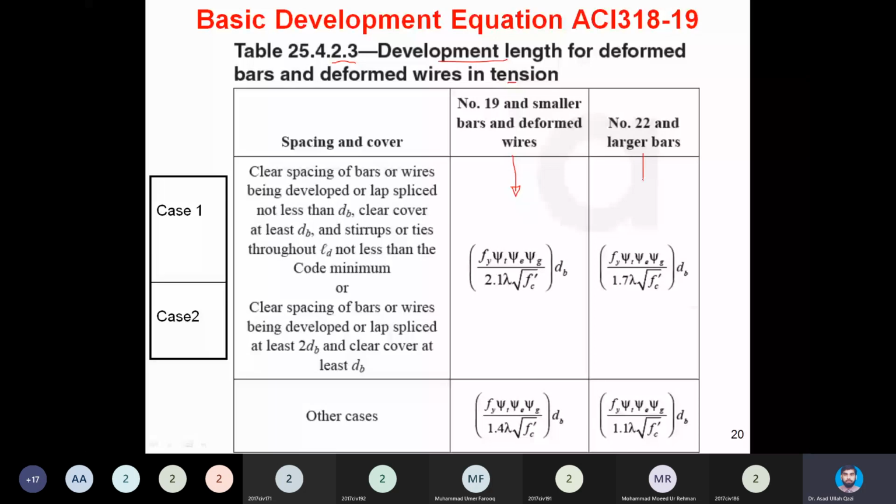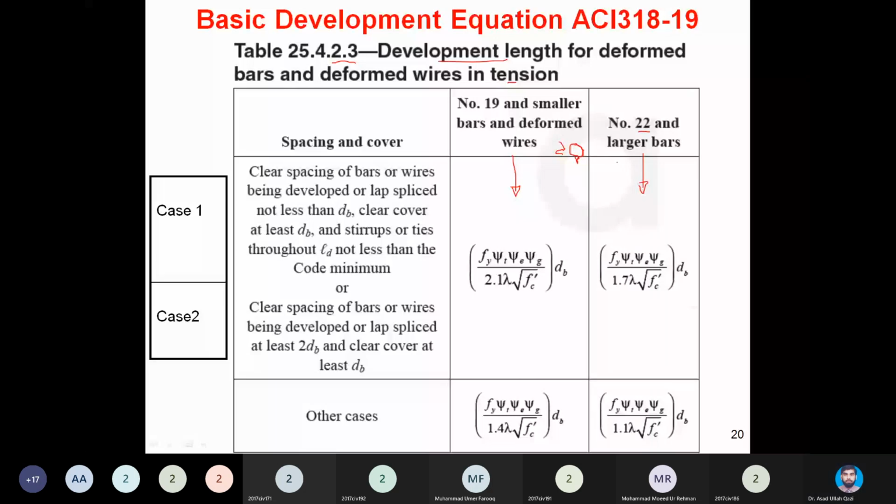If you are using standard SI bars, then you can consider the first column as number 20 and lesser, and the second column will be for number 25 and larger.